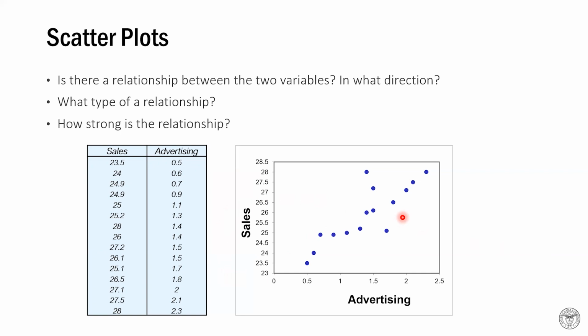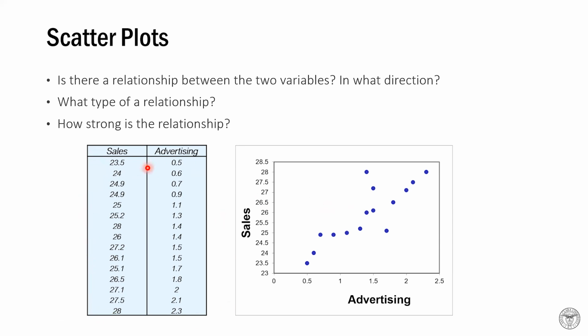For instance, a sales manager wants to know if there's a relationship between the number of sales in a month and the volume of advertising that month, and begins the analysis with a random sample of 15 sales in the past.